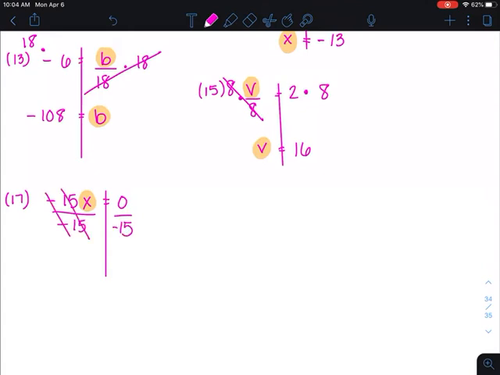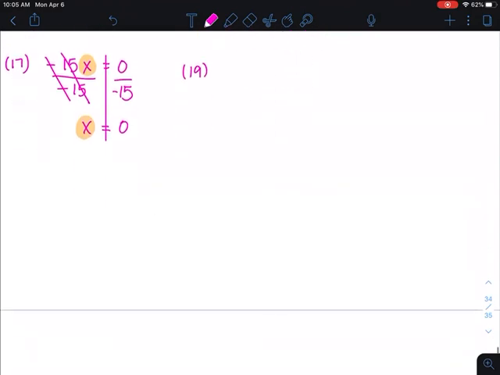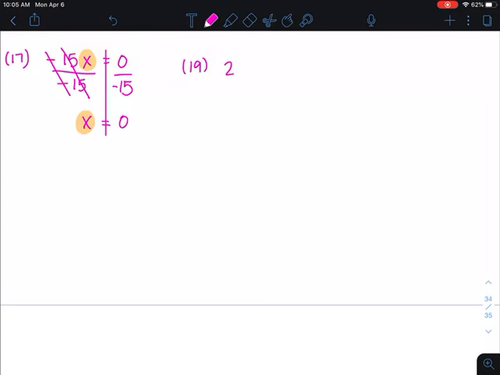We're going to divide both sides by negative 15. We want to get x by itself, so we're going to get rid of the negative sign as well. And then I have x is equal to 0 divided by negative 15. 0 divided by anything will always just stay 0. X is by itself, so then we're done.